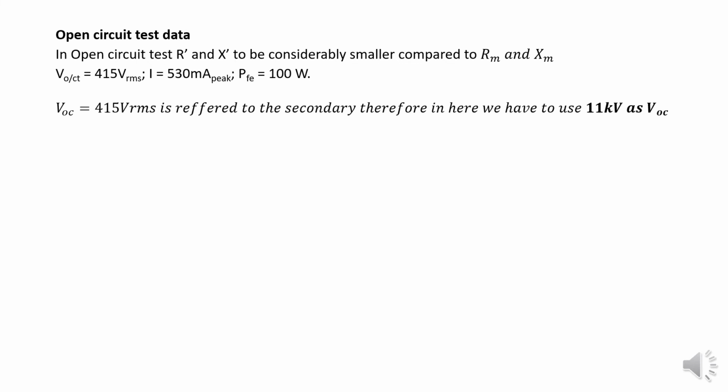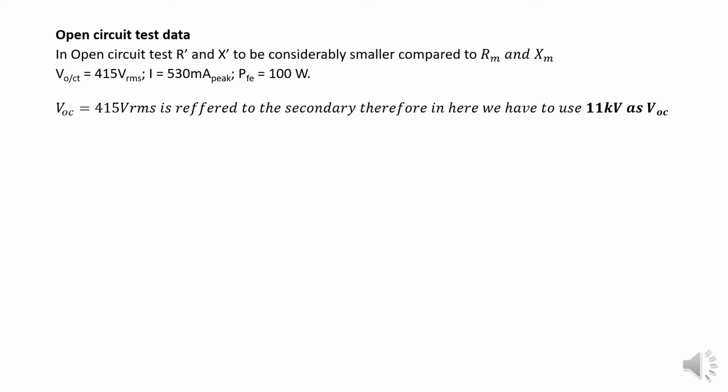So when converting to the primary side, 415 volts will be converted to 11 kilovolts, because primary side voltage divided by secondary side voltage is equal to the turns ratio, which is 11 kilovolts divided by 415.